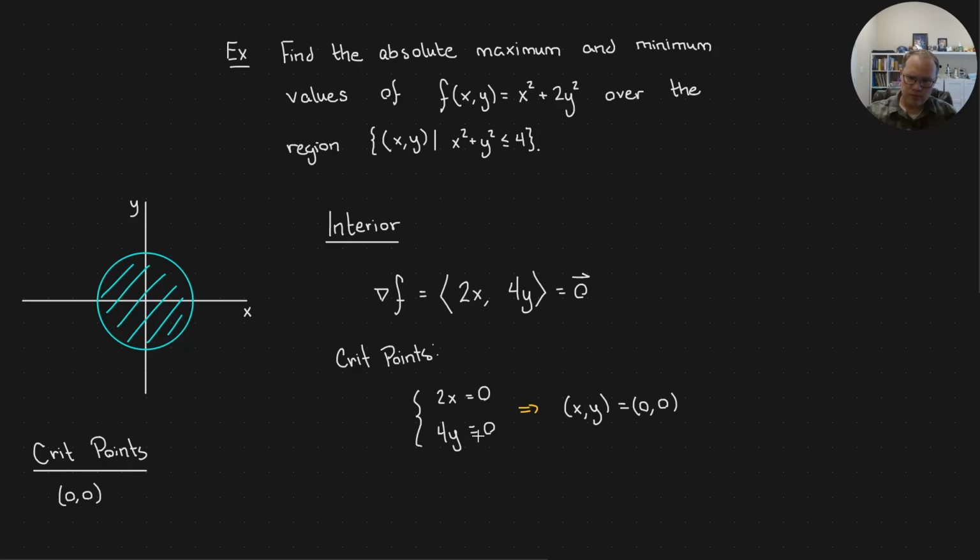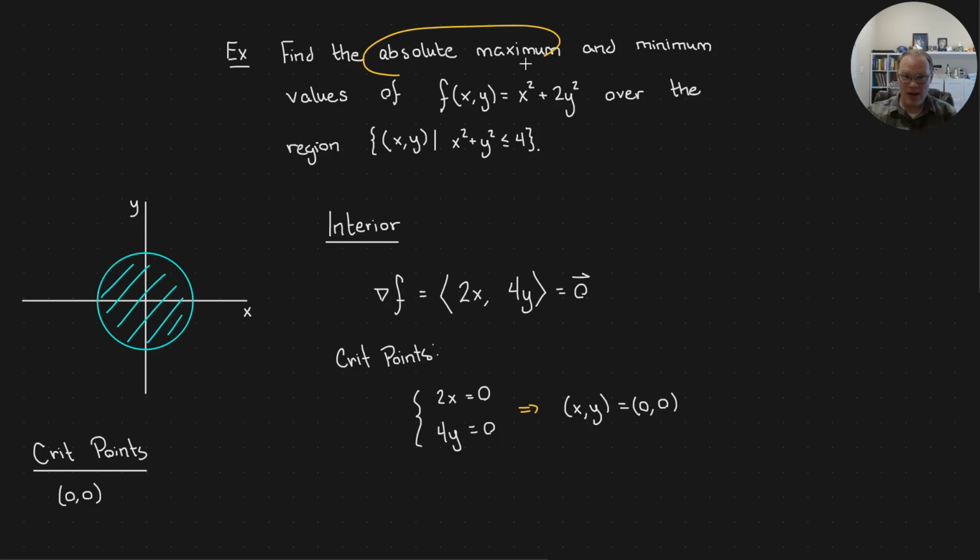Okay? Now, I don't need to do a second derivative test or anything like that here because we are looking for absolute maxima and absolute minima. Okay? It's actually going to be really easy to check for those because we're going to find only a few critical points, and if we plug them back into the function, we just need to check which one's the biggest and which one's the smallest.